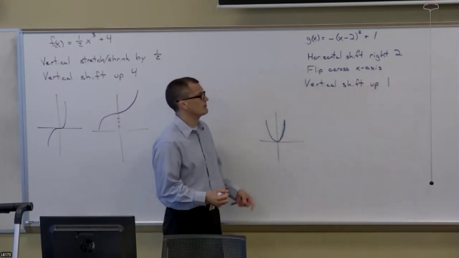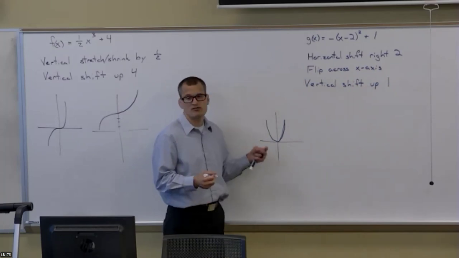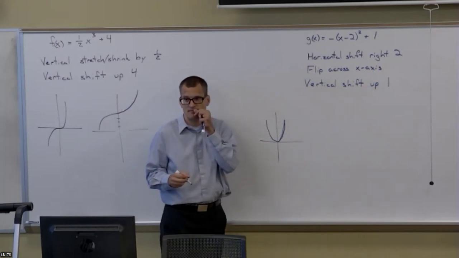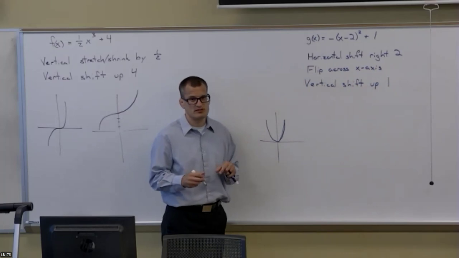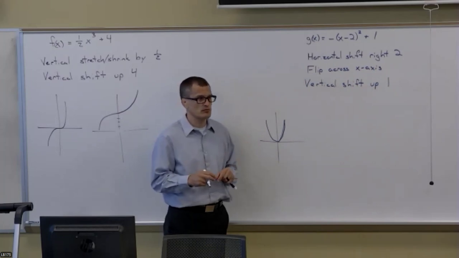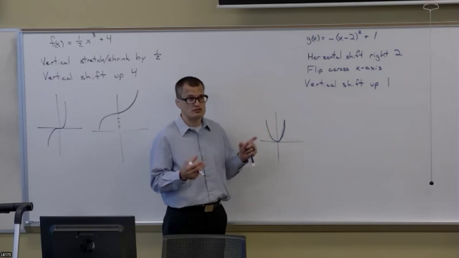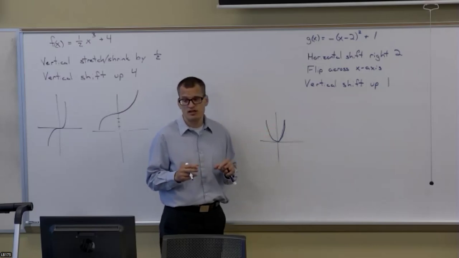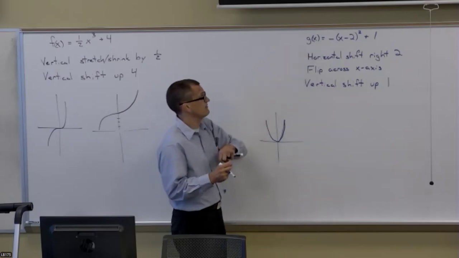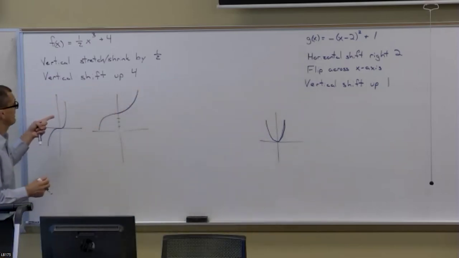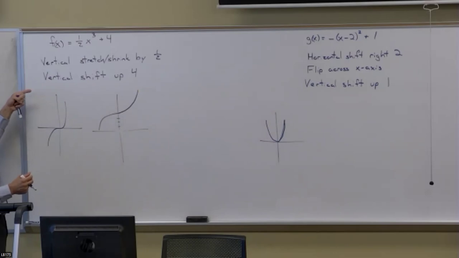You don't want to do your vertical shift before the flip. It just makes things look weird. You can, it's not that big of a deal on this one, but the stretch or shrink kind of throws things off. Think about if I would have shifted up 4 before I shrunk.